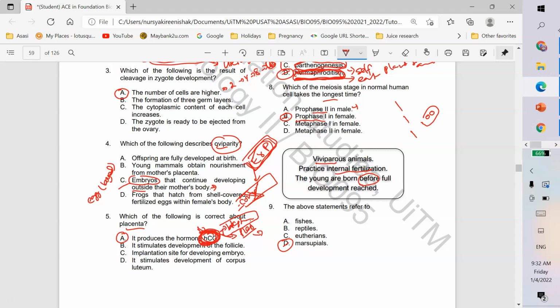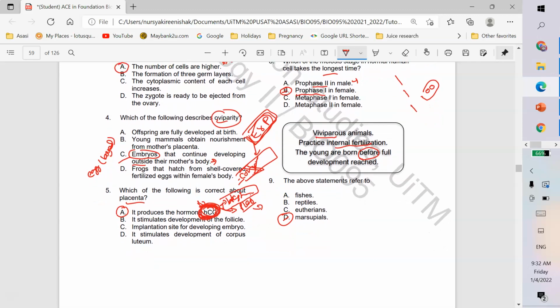Then they finish their development in the pouch. Example of animal? For example, kangaroos. So the young that is born not fully developed yet will finish developing in the pouch of the mother. Okay, so macam contohnya kangaroo.